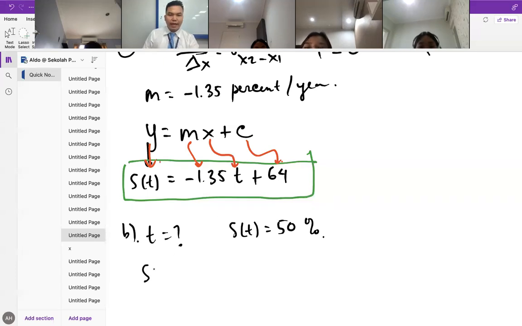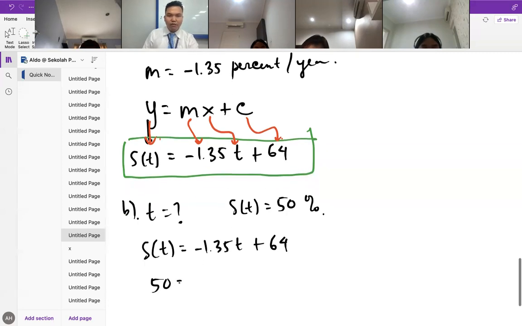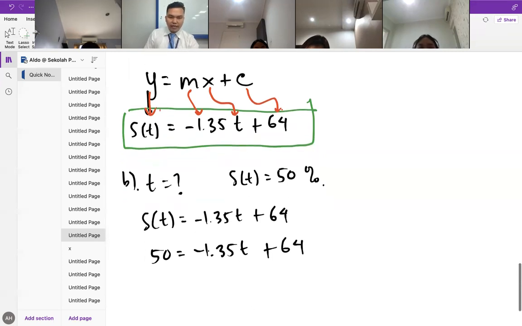Now we know that ST is equal to minus 1.35T plus 64. But now ST is 50. So 50 is equal to minus 1.35T plus 64. Then what should we do? This one moves to the left, becoming positive. 1.35T is equal to 64 minus 50.